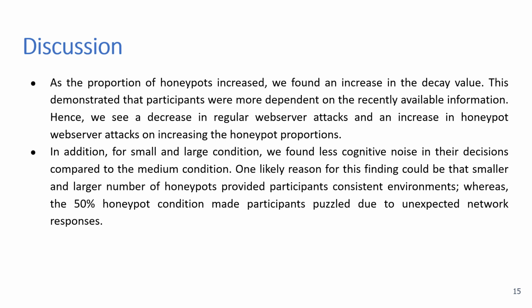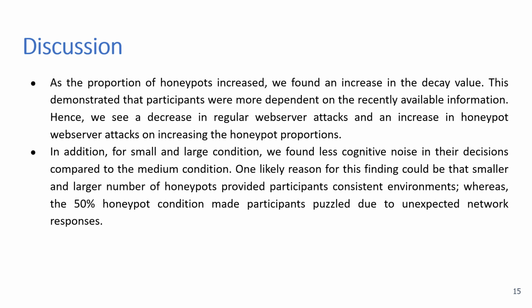Next, we also found that for the small and the large conditions, there was less cognitive noise in their decisions compared to the medium condition. One possible reason could be that with the smaller and the larger numbers of honeypots, the environments were consistent.